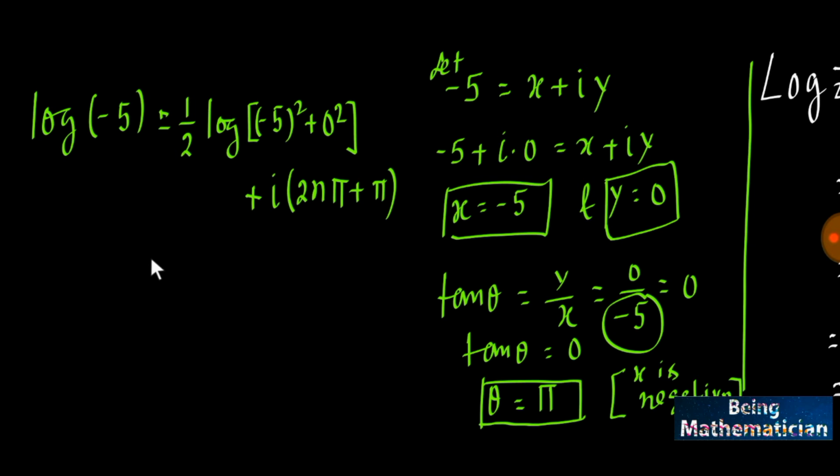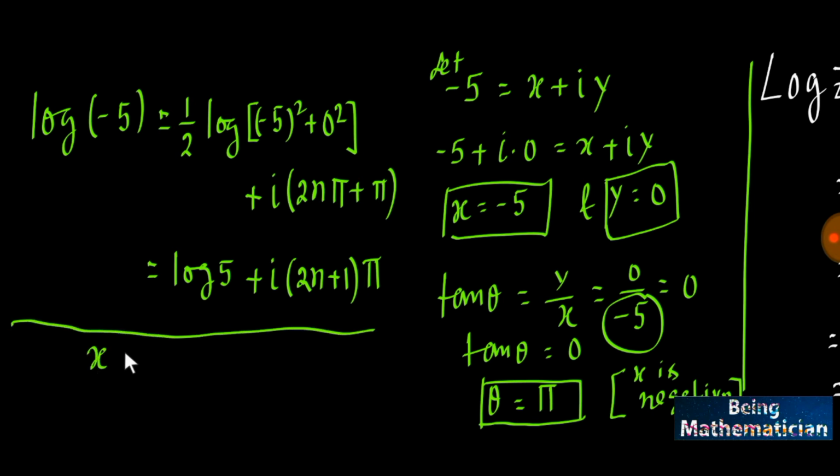Now it must be log 5 plus i into (2n plus 1) into pi. Now we can put the value of log minus 5 in x equal to log y by log minus 5.